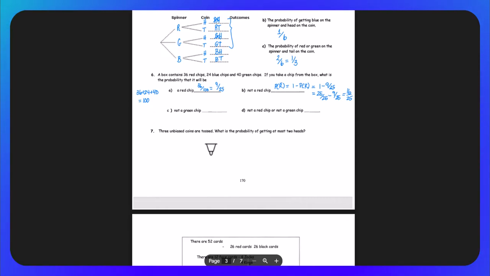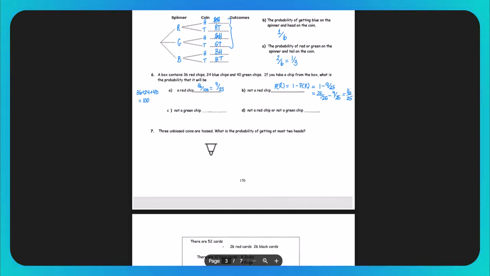Part C, what is the probability that it is not a green chip? Well, not a green chip means it's blue or red. So we can look at it this way without discussing the complement. What is the probability of blue or red? We can just add the blues and reds together. The blue, there's 24.